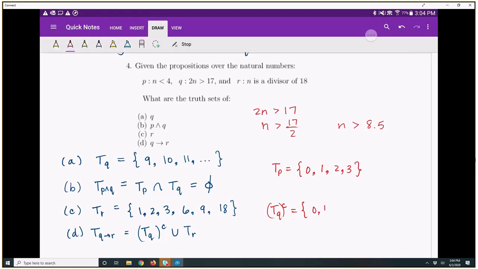So 0, 1, 2, 3, 4, 5, 6, 7, and 8 rather. Strictly less than 9.